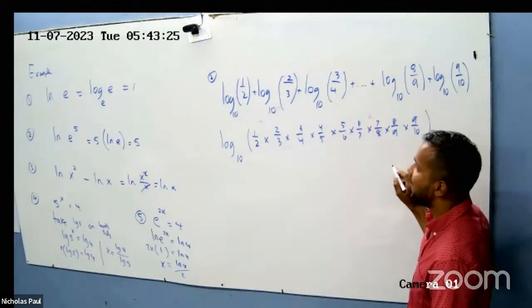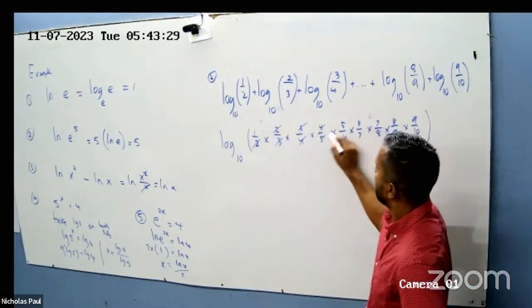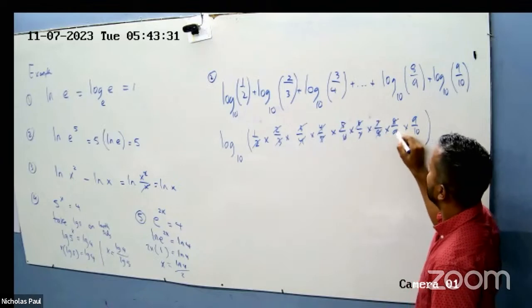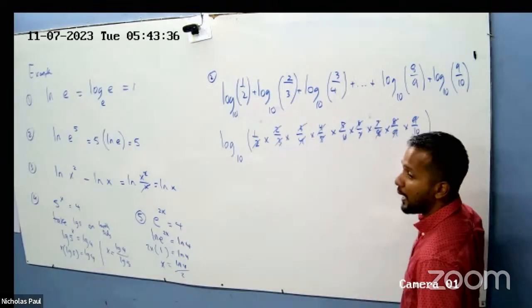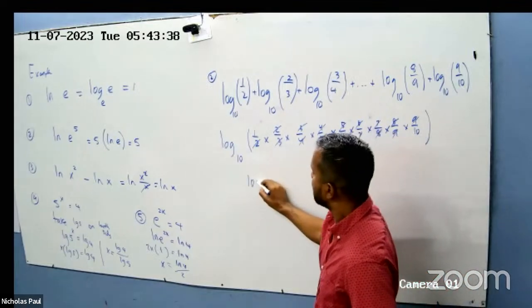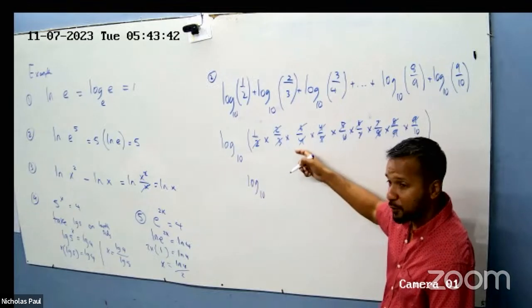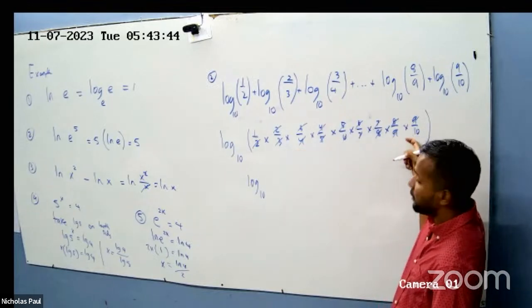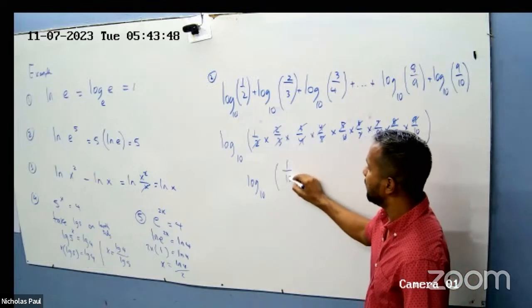What you will recognize here is what? This will cancel here. This will cancel here. You all recognize that? So all will cancel except the smallest and the largest. You don't have to write all this. You just write in these 3 and you will see the pattern. So you're going to be left with log 1 over 10.